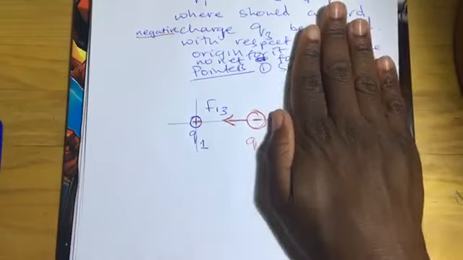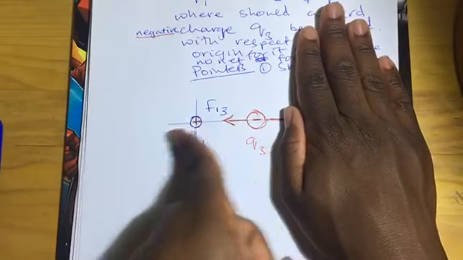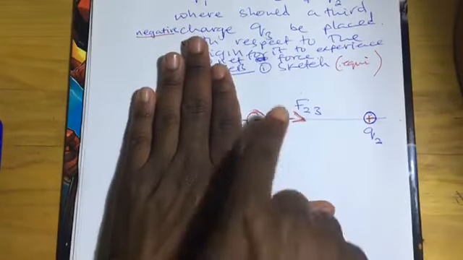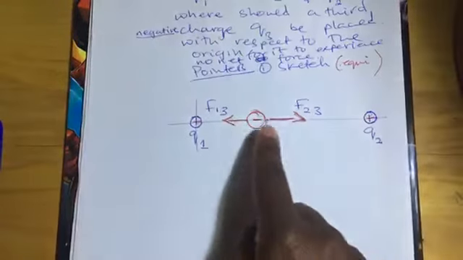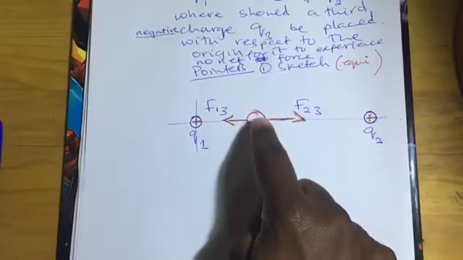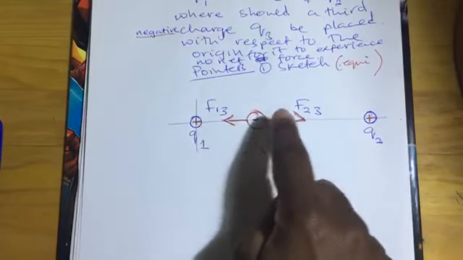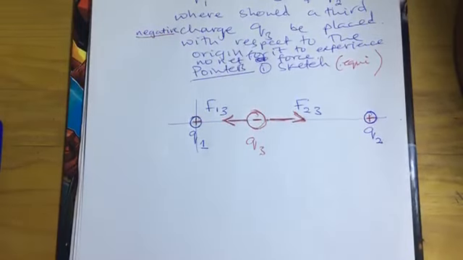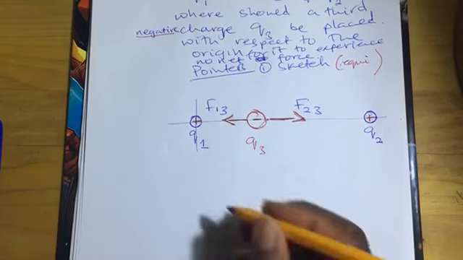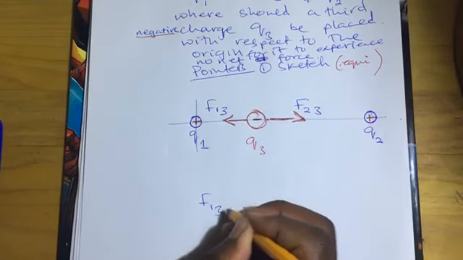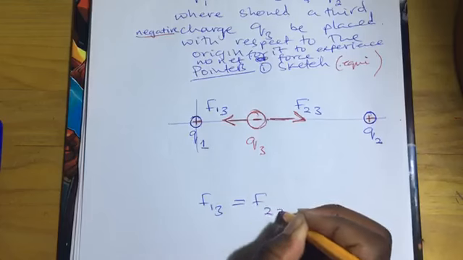Because if we didn't have Q2, this would be attracted towards this and it would move. If we didn't have Q1, this would be attracted towards this and it would move. So for it to stay where it is, what should be the relationship between F13 and F23? Indeed. F13 should be equal to F23. Easy stuff.